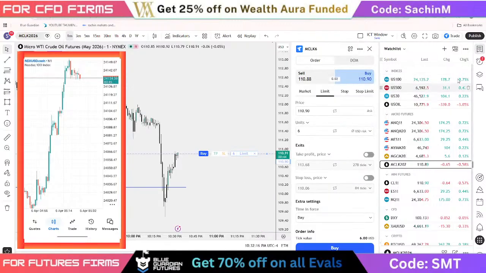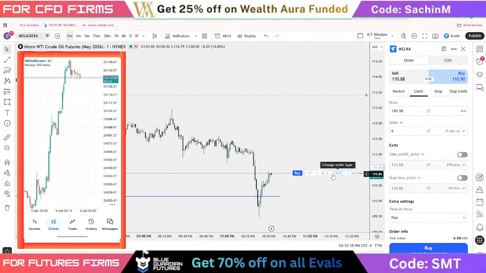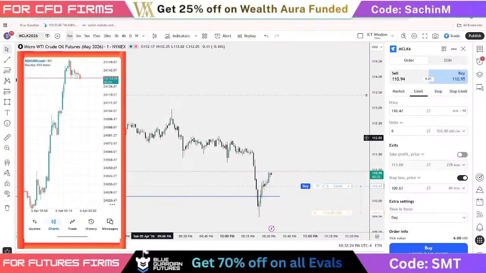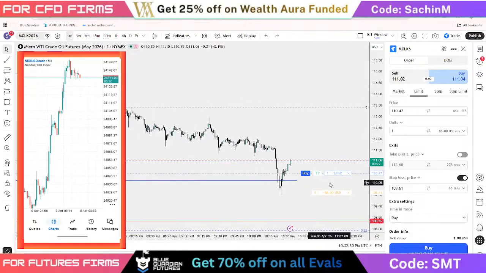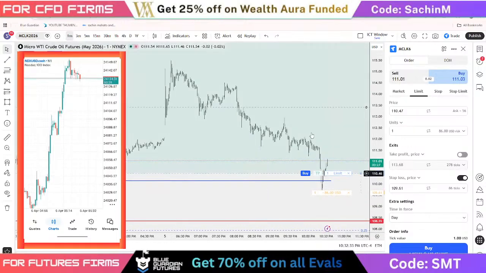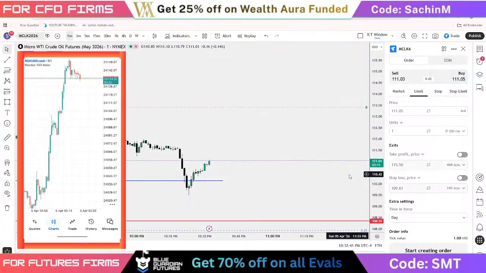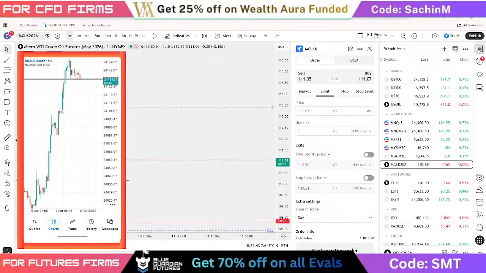We can trade this with one micro. I would put the entry here, stop loss all the way down, one micro, not six, and TP all the way up high here. But I'm unsure of the model, so I'm not taking this trade as well.